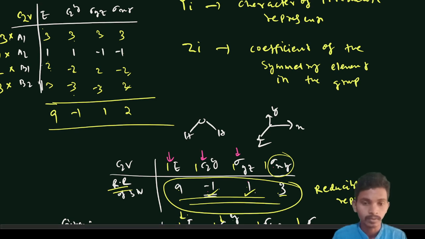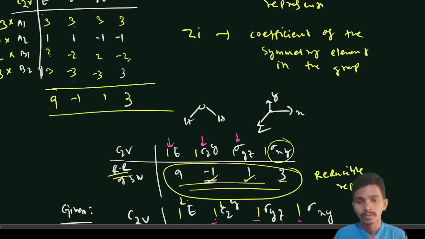Here 3 is not coming. Why? So 3, 3, 3, 3, 3, 6, 3, 9, 3, 1, 3 cancel, minus 1, 3, 3 cancel, 2, minus 1, 1, 3. 3, 3, 6, 3 value.